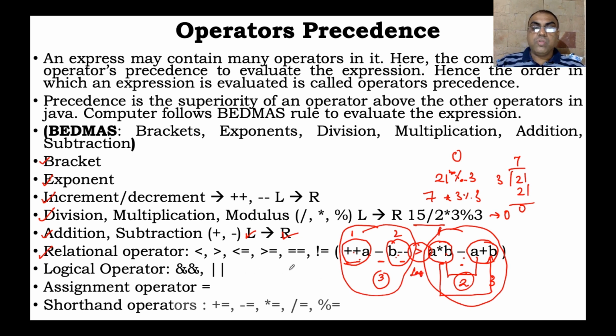Now in this also, if there were logical operators available, and, or, then the computer will execute them last. So for example, suppose I say: if plus plus a greater than b minus minus and a into b minus c less than or equal to b minus c into a.